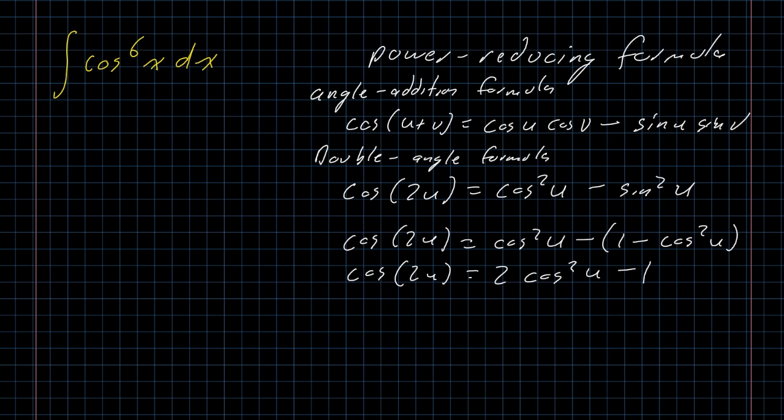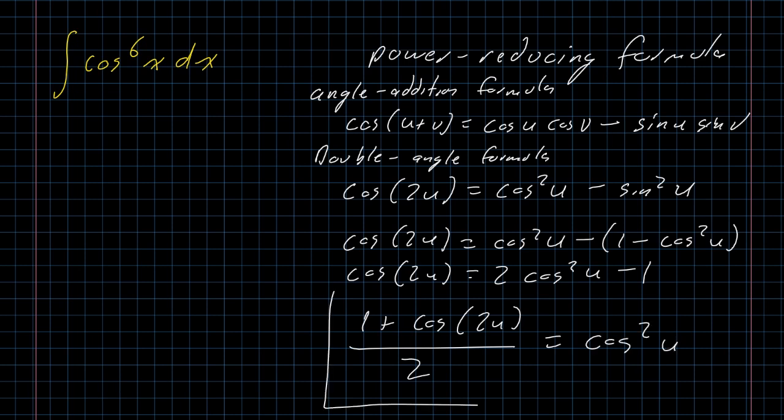And you can rearrange this equation to get 1 plus the cosine of 2u all over 2 is equal to the cosine squared of u. All right, this is the power-reducing formula for cosine.